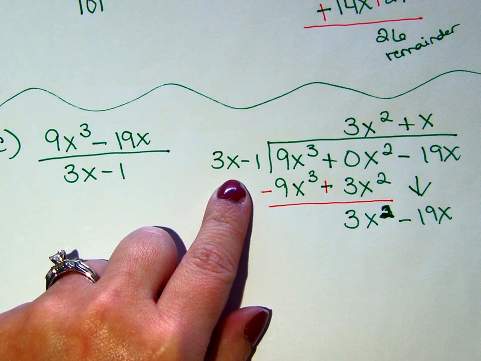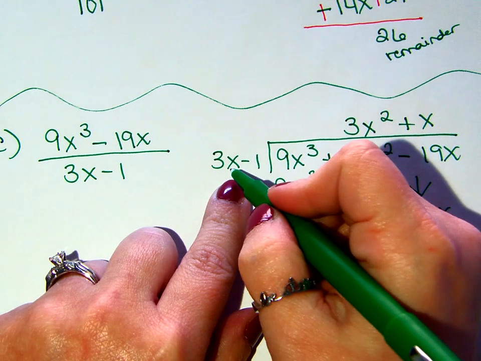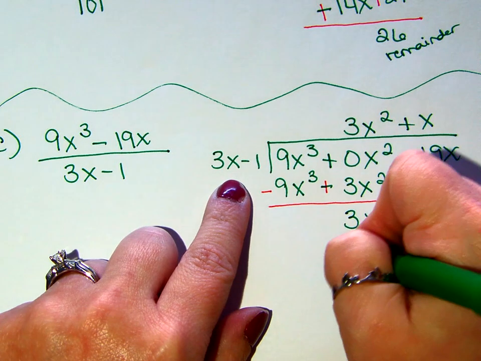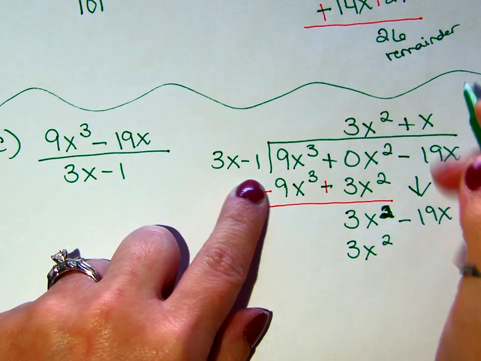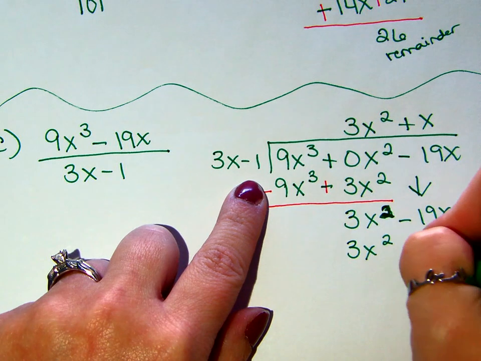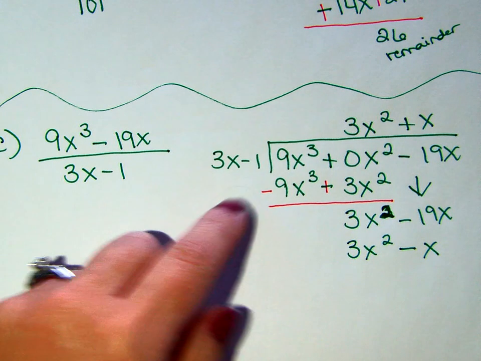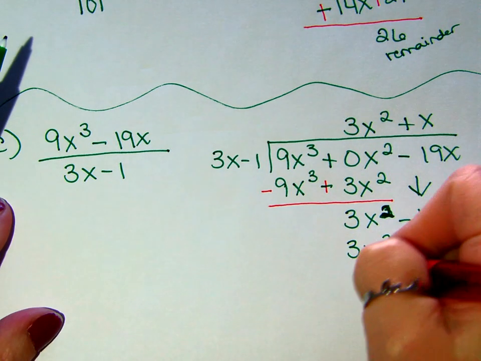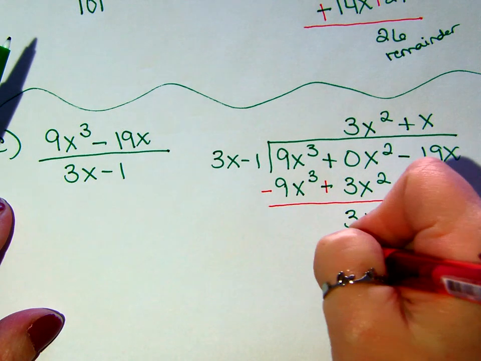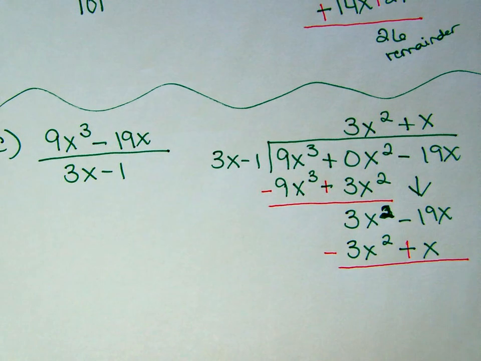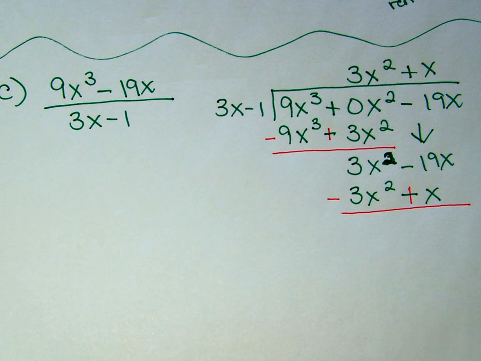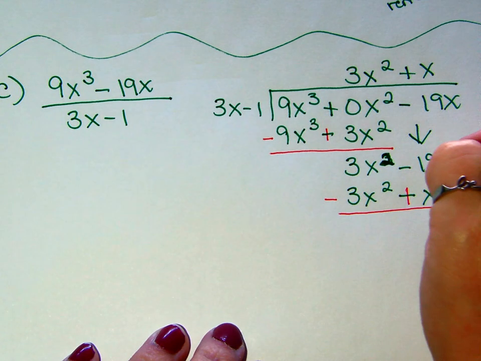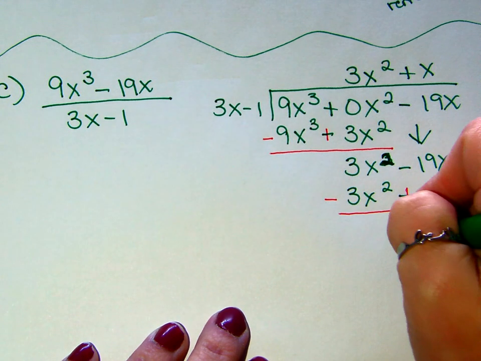So x times 3x will give me 3x squared. x times the negative 1 will give me a negative x. Draw the line, change my signs, so that I have negative 19x plus x, giving me a negative 18x.